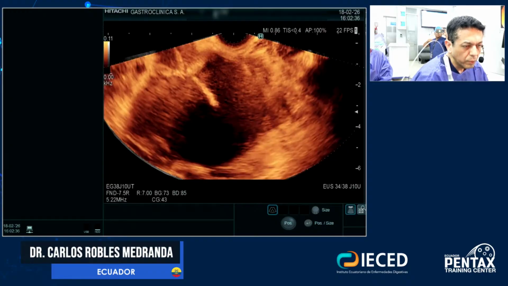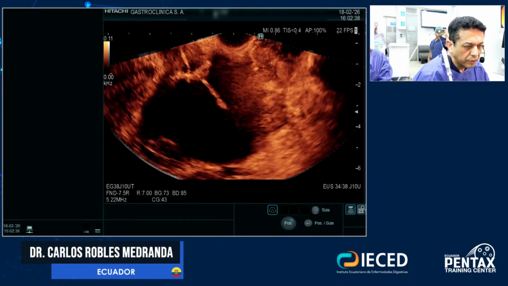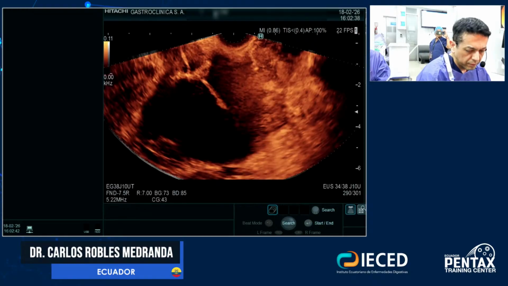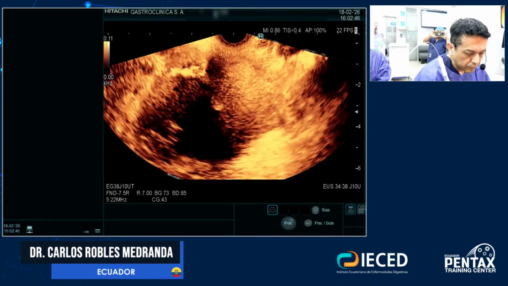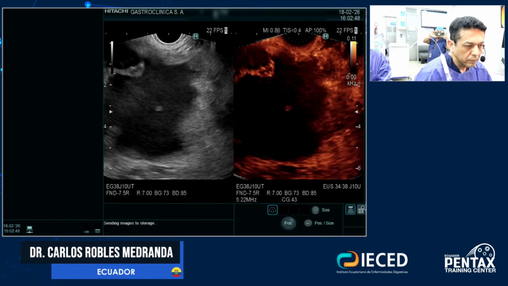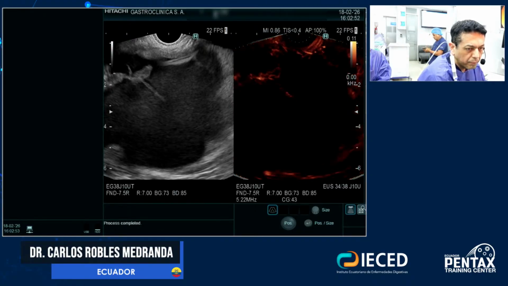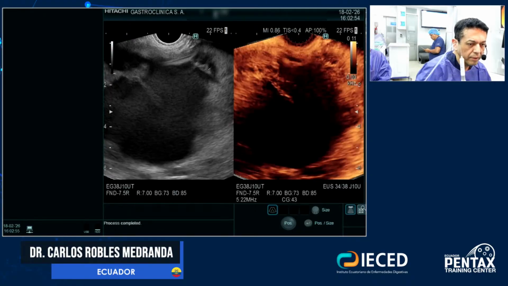These walls, all the walls entirely, have microvascularization inside.